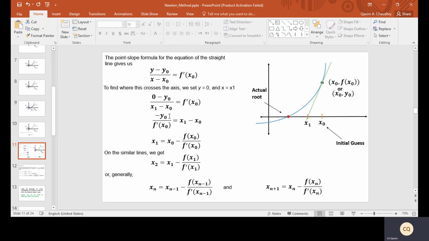So y naught की जगह पे बेटा मैंने f of x naught कर दिया, बाकी तो सारा कुछ वैसे ही है. So this gives you the first value of this new iteration x1. So x1 is equal to x naught minus f of x naught over f prime of x naught.